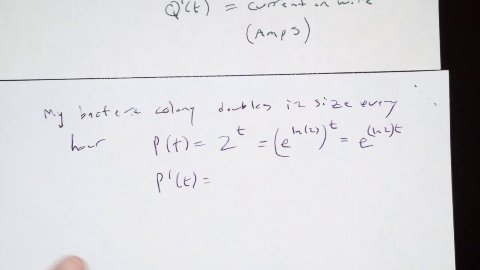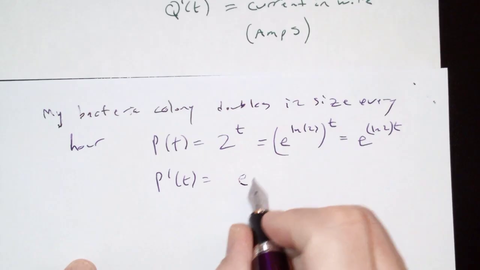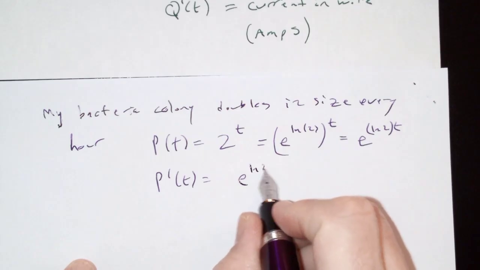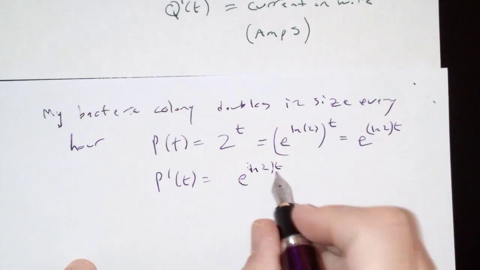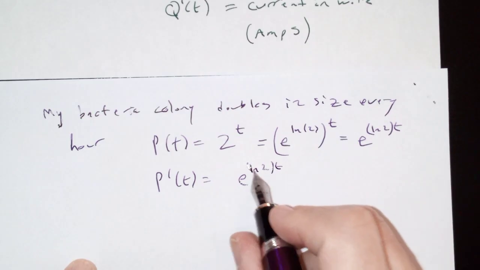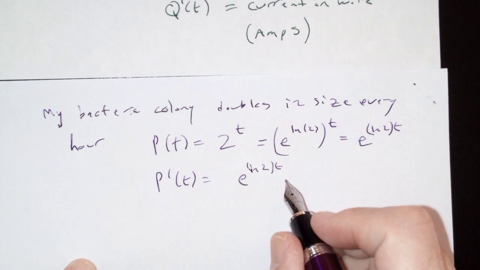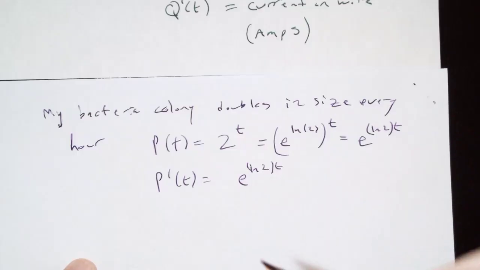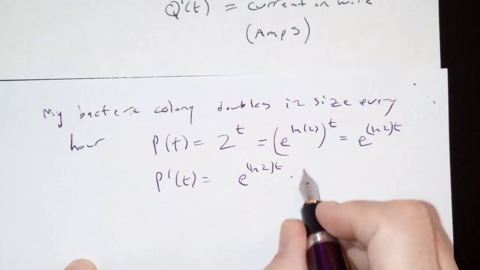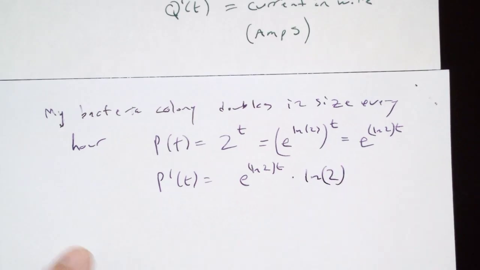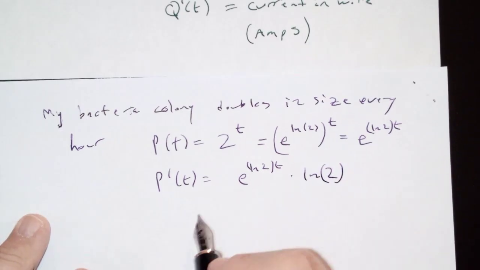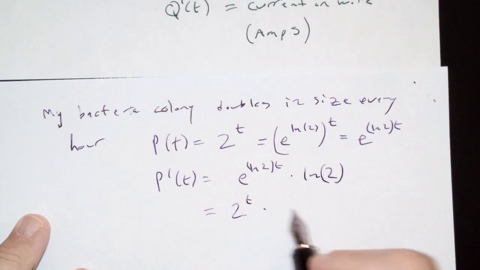So I'm going to get the e to the stuff again, times the derivative of stuff. So what's the derivative of number times t? What's the derivative of 3t? And derivative of 7t. So the derivative of number t is just number. Wait a minute. This is 2 to the t.